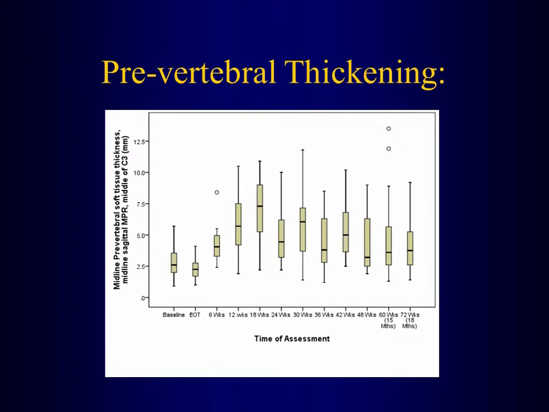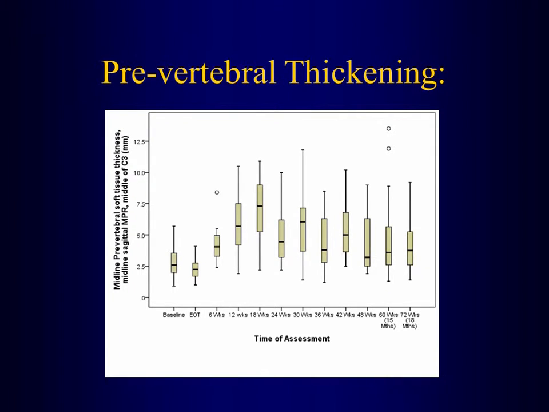So this is looking at prevertebral thickening on a series of 156 scans over time. And what you can see is that at baseline and immediately post-treatment, there is no significant prevertebral thickening, but as the lymphedema worsens, you get an increase in prevertebral thickening over time.